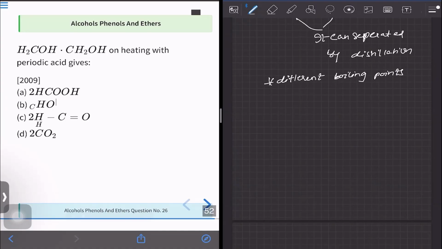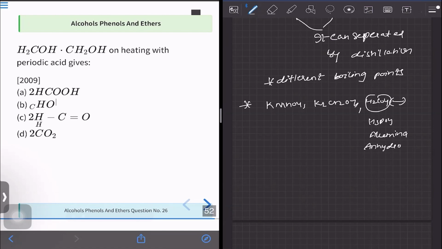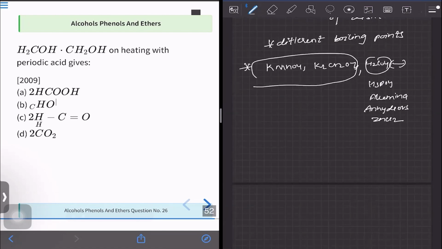See, what are the different oxidizing agents? Different oxidizing agents include potassium permanganate and potassium dichromate. H2SO4 is a dehydration agent. H3PO4 is a dehydration agent, and alumina is a dehydration agent. Anhydrous ZnCl2 is also a dehydration agent. These are oxidizing agents. These are dehydration agents. Oxidizing agents include ZnCrO3 and copper at 573 Kelvin.